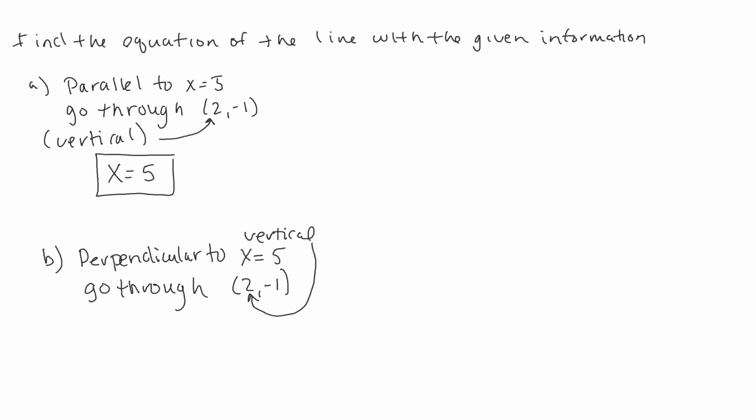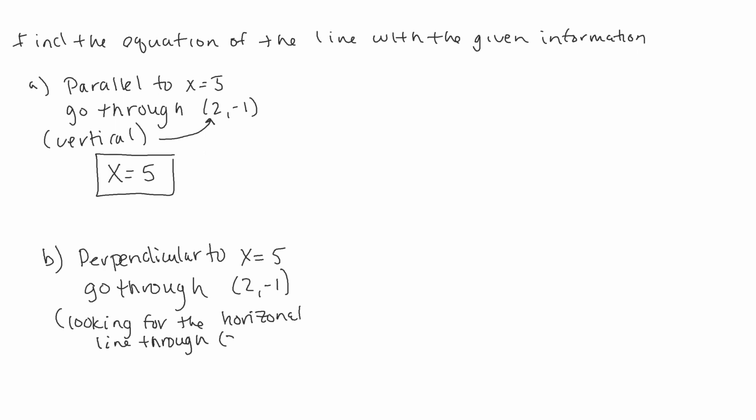If we were going to be parallel to this, we would do x equals 2 like we did in the previous example. But in this case, we want to be perpendicular to this. So we're looking for the horizontal line through 2, -1. The horizontal line is going to have to go through the y-axis. And so the equation would end up being y equals -1.